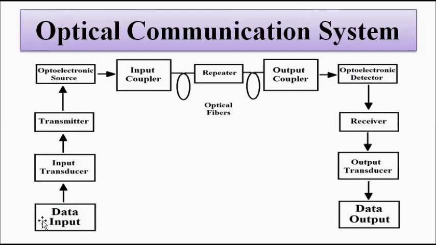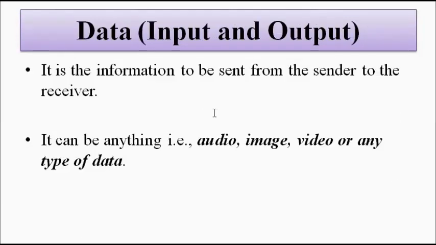First, the data. Data is basically the information which we want to send from the source to the destination. It can be anything: audio, image, video, or any type of data files, any documents, anything.